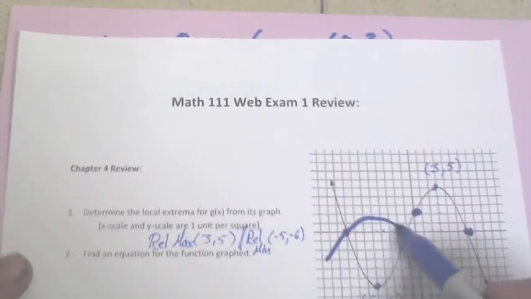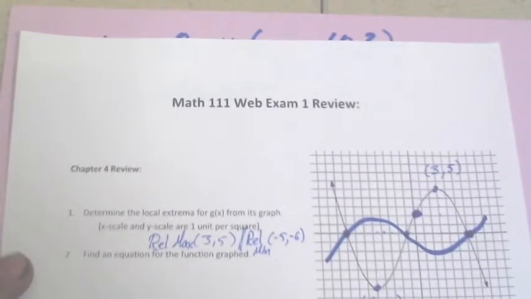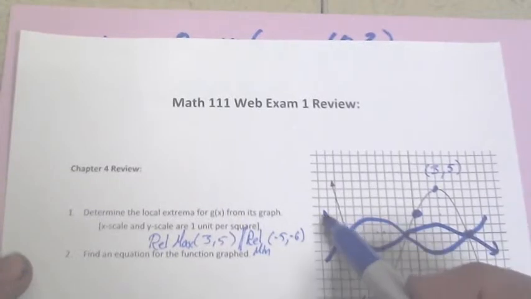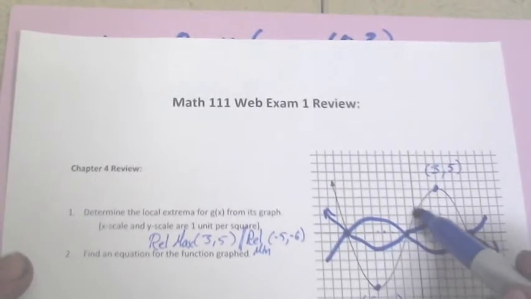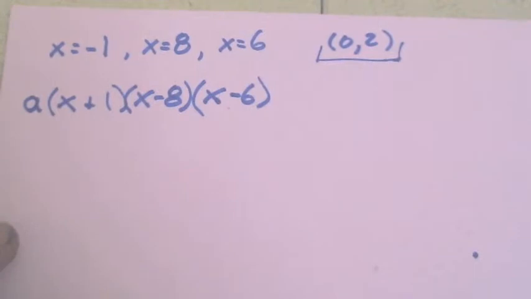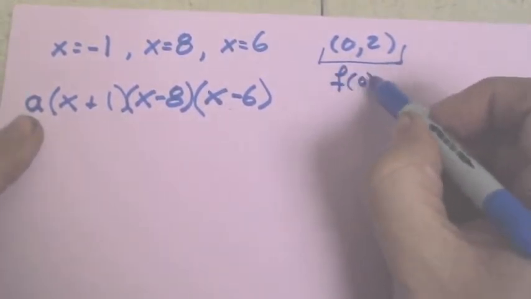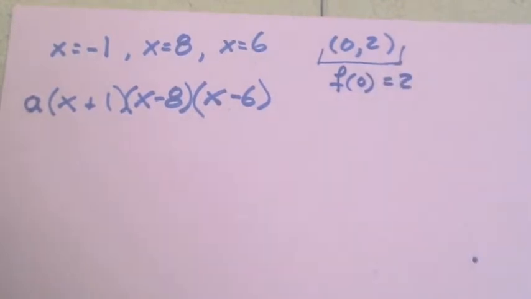Because there are a lot of polynomials that have those zeros. That's another one. You could make one here that's got those same zeros. We want the one that goes through this particular point, and that a is going to control it and make sure that f of 0 is going to equal 2.